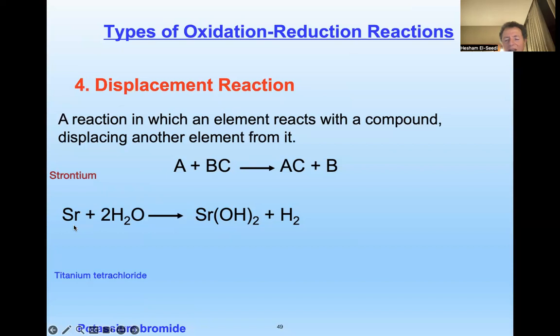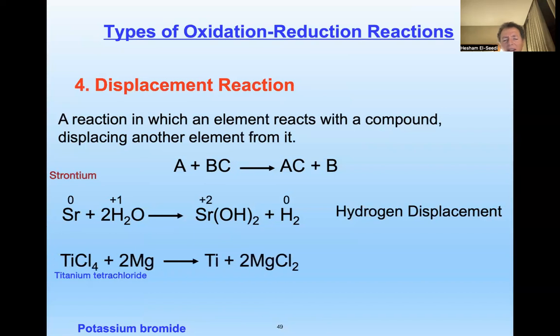Like, for example, here is hydrogen displacing Sr, right? Then it is a displacement reaction, right? Or titanium tetrachloride plus magnesium.